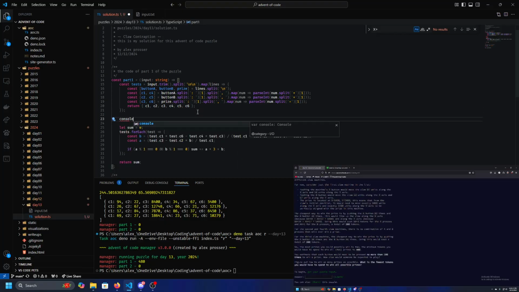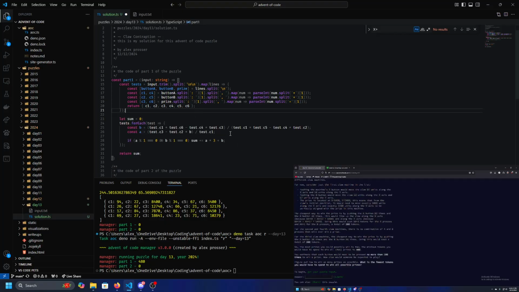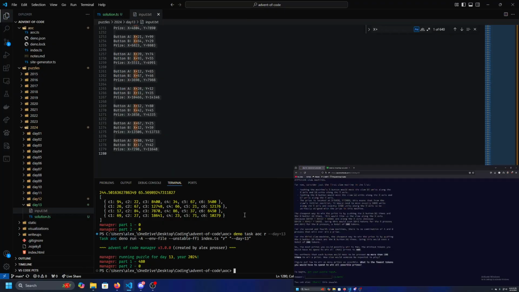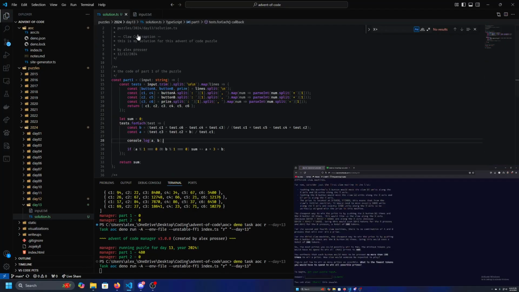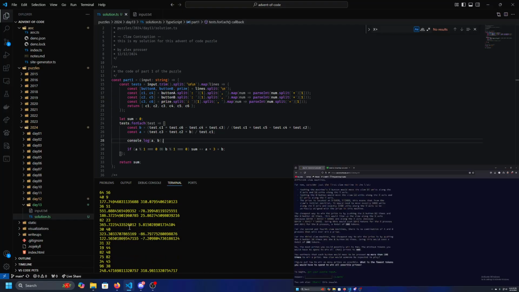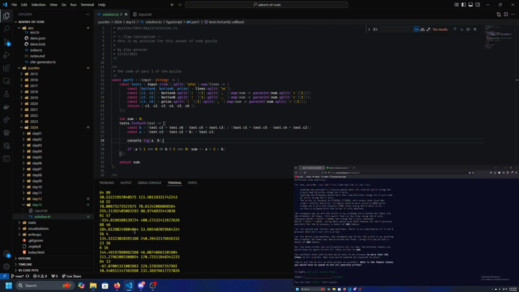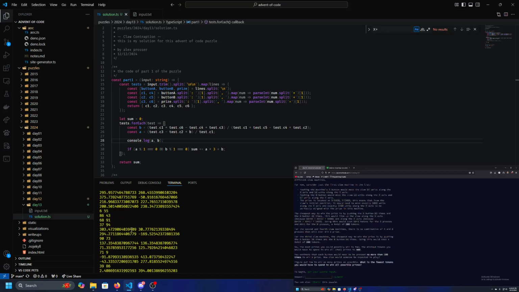Something tells me that A and B could be over 100. Let me test for that. In some of these cases, and those get thrown away. No. At least for the ones I see, there's none.